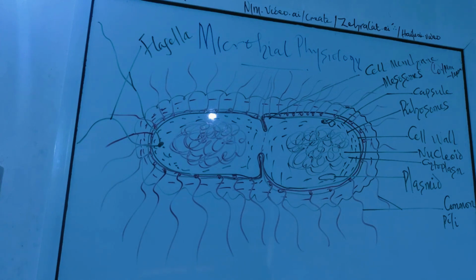So without wasting our time, I want to believe that today you must have learned the general body plan of a general bacterial cell. If somebody is asking you to draw a typical bacterial cell, you should be able to draw it and know what structures you will put.